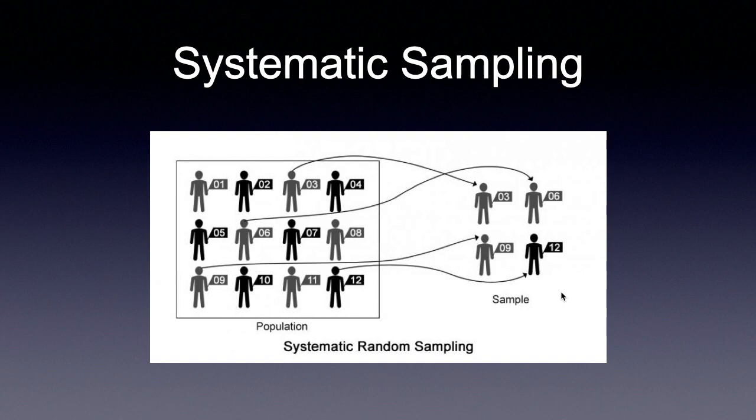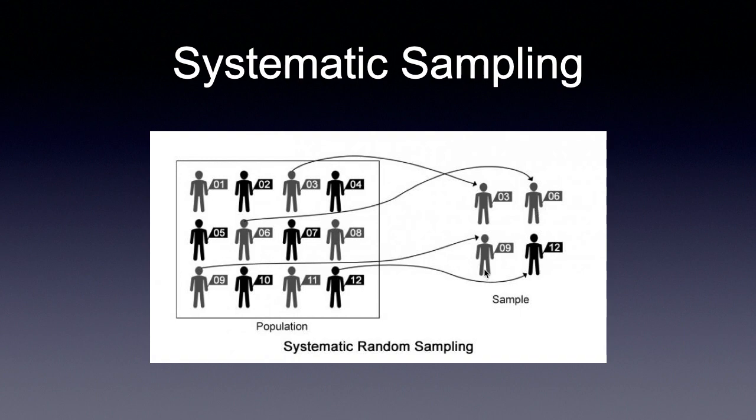So if I had access to the population, you could put them in one big giant list, and then the idea is to get a starting point. So here I randomly select a starting point, say here at the number 3. I ask this nurse, how much does she make? Write that number down, go to the 6th person in the population, grab them, ask this nurse, how much does he make?